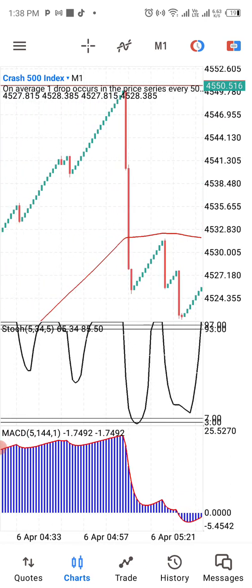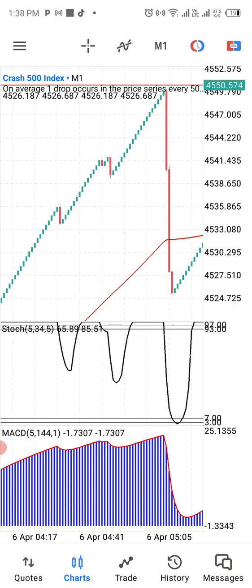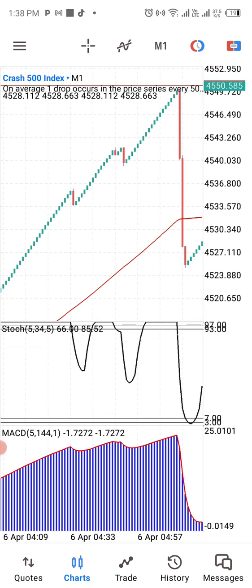Now, if you are trading Crash, you are only trading buy signals, and if you are trading Boom, you are trading only sell signals. And also, you only trade Boom 500, Crash 500, Boom 1000, Crash 1000.